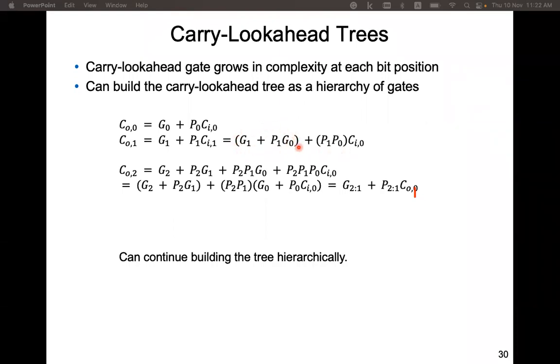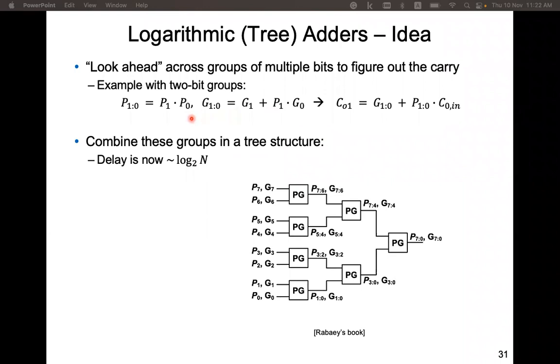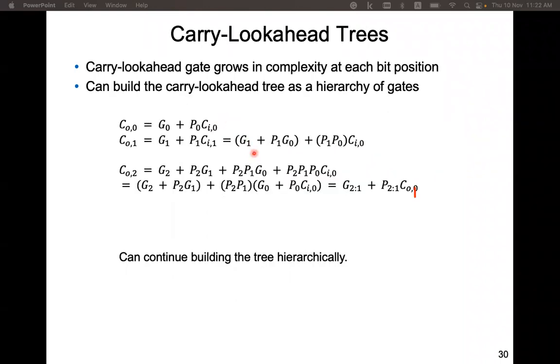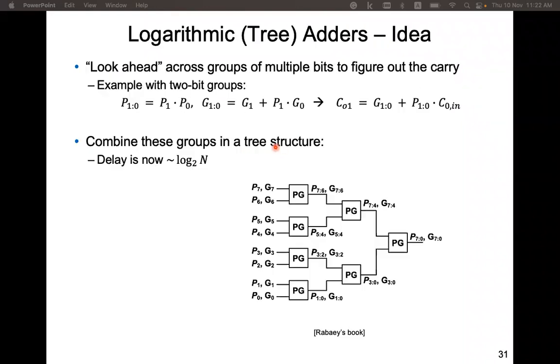This is the group propagate and group generate at first time. It is easy to remember. So we can form groups like that.